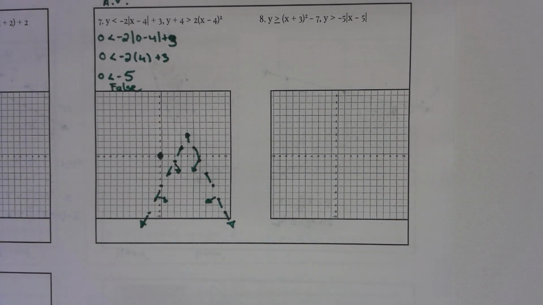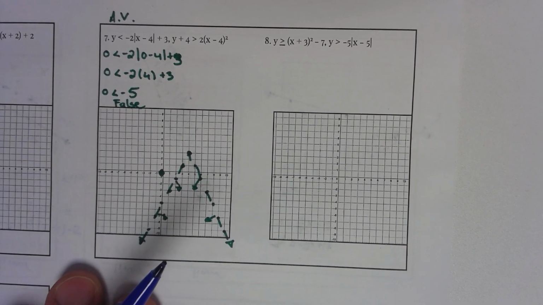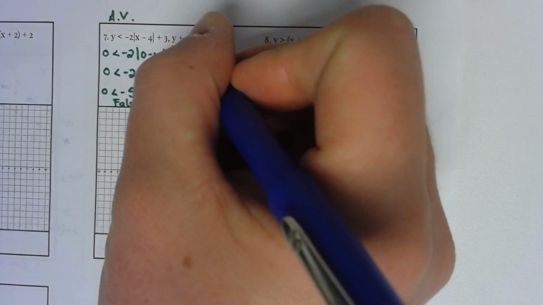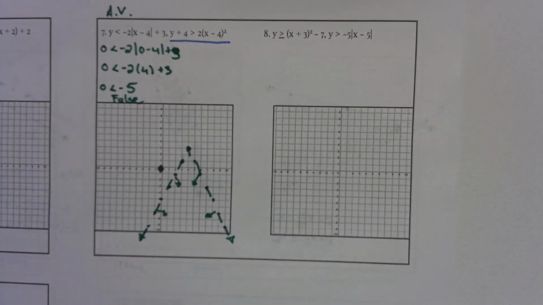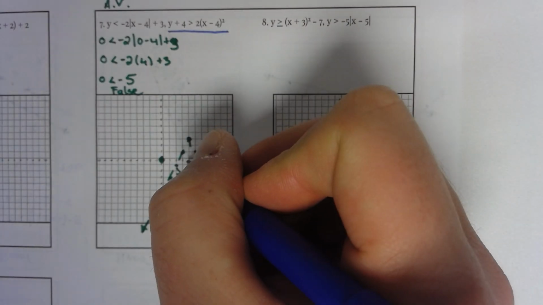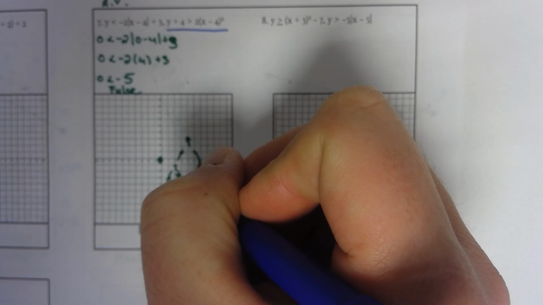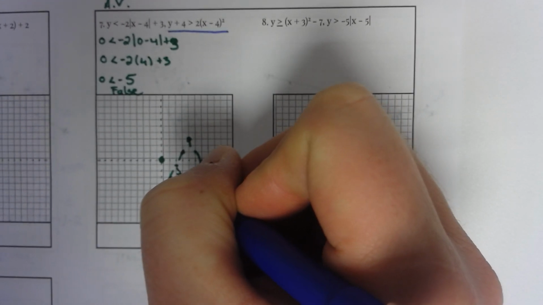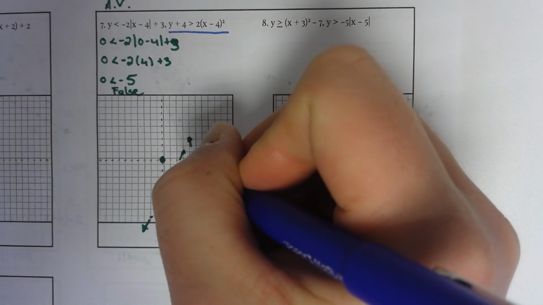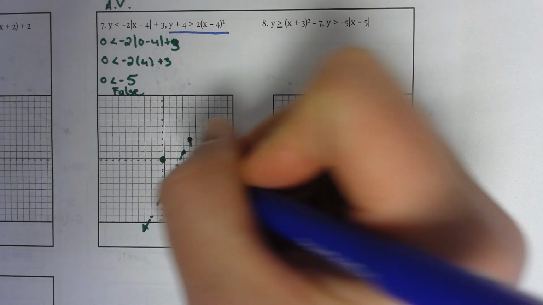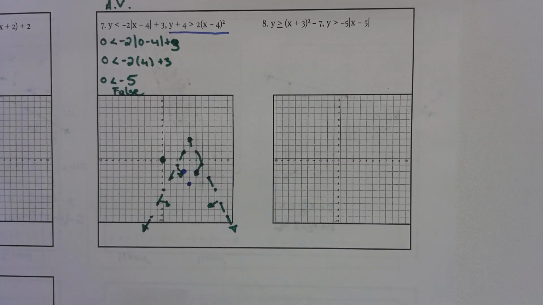And the next equation is a quadratic function that has a vertex at (4, -4). So I'm going to go right 4 and then down 4. And it has an a value of 2. So I'm going to go up 2 over 1. Then that a value gets multiplied by 3.